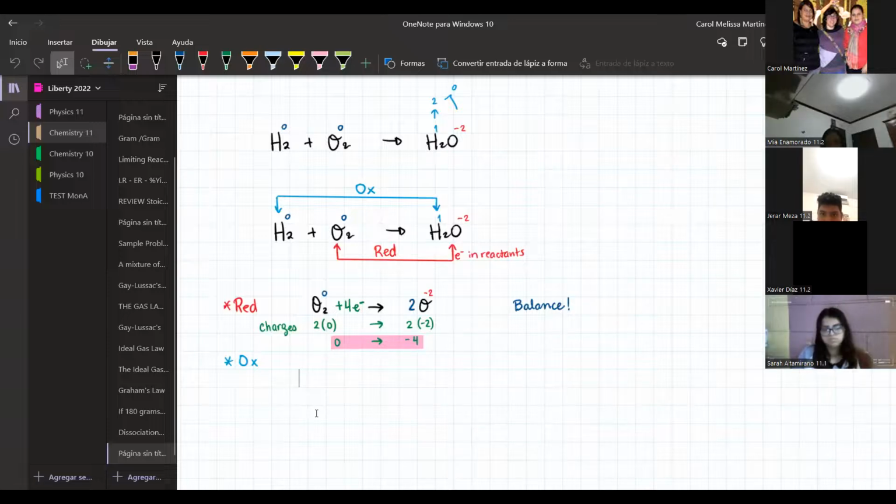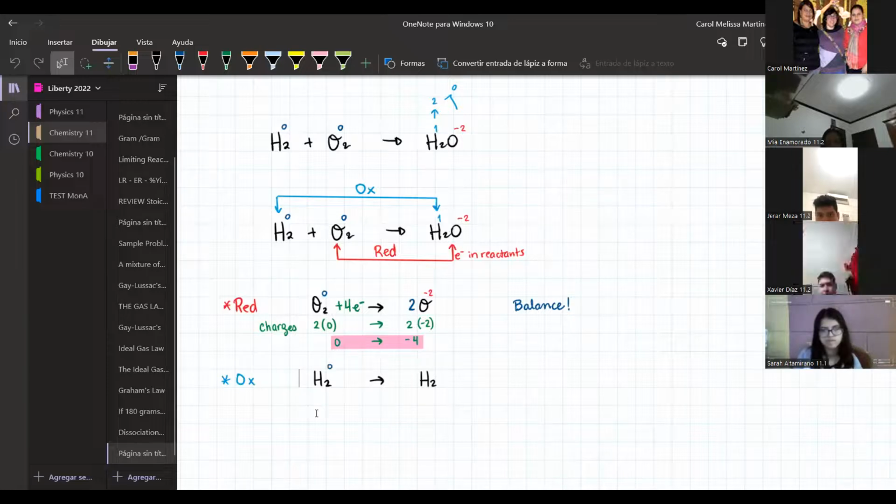In oxidation, we have the half reaction H2 producing H+. H2 has an oxidation state of 0 because it's uncombined, because it's a pure element. And hydrogen is a diatomic element, so when it's pure, it has 2 atoms.